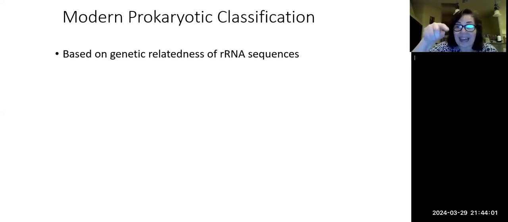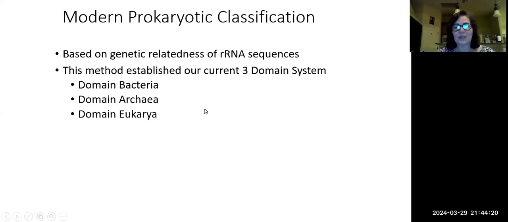So instead of looking at the shapes of the bones, we're looking at the nucleotide sequence of these RNA sequences that make up the ribosomes. Brilliant.